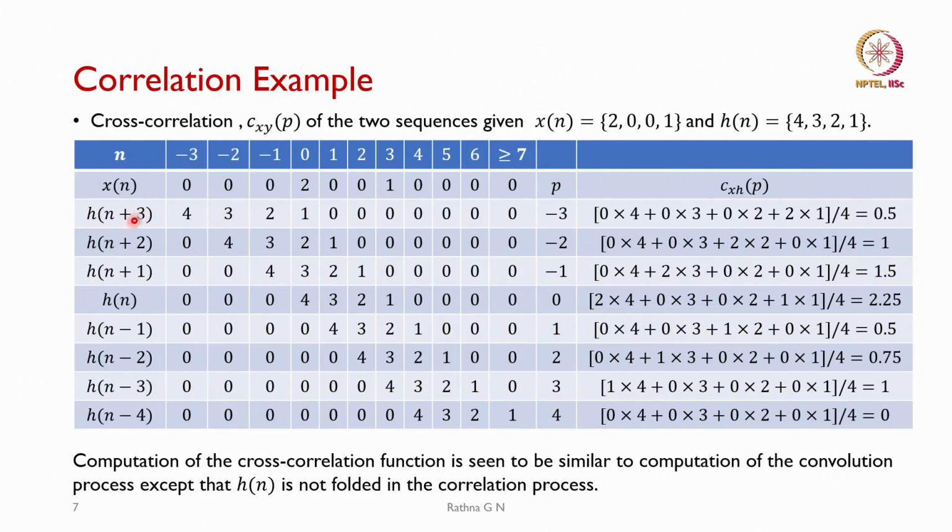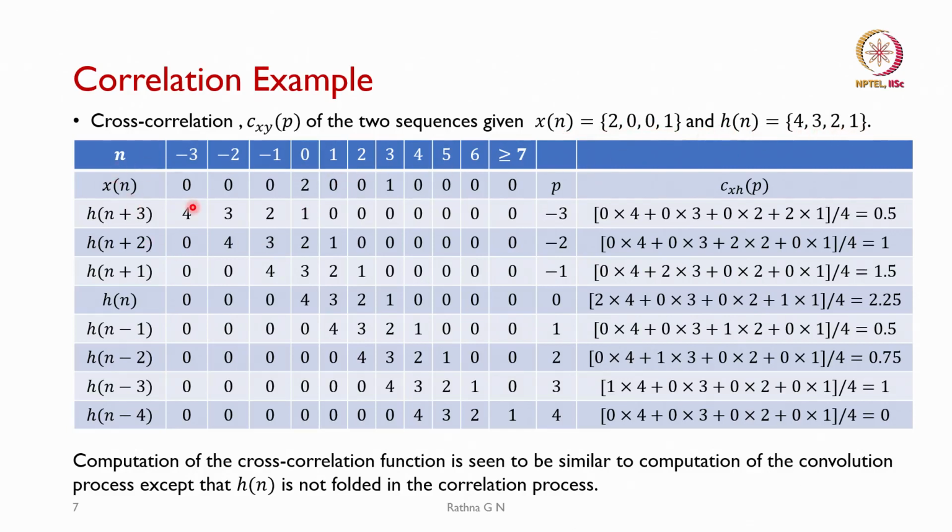We take the same example as for the FFT, the same x of n and h of n. Here x of n is 2, 0, 0, 1 and h of n is given by 4, 3, 2, 1.